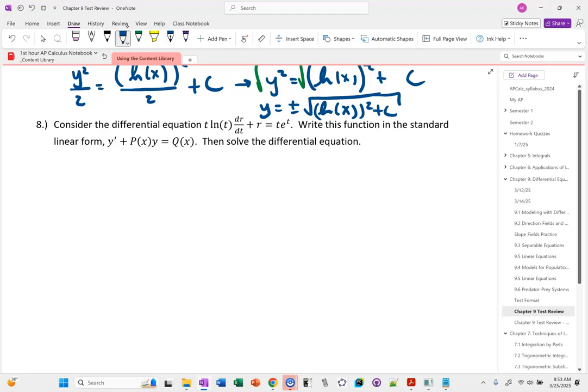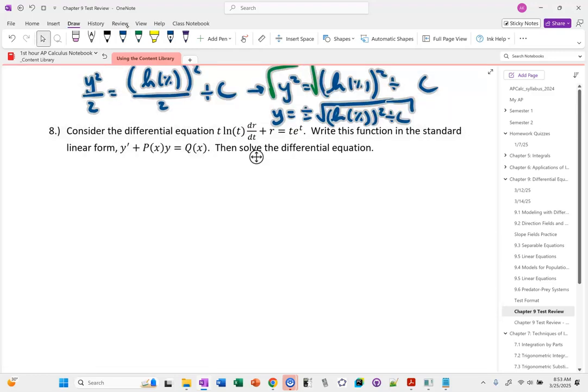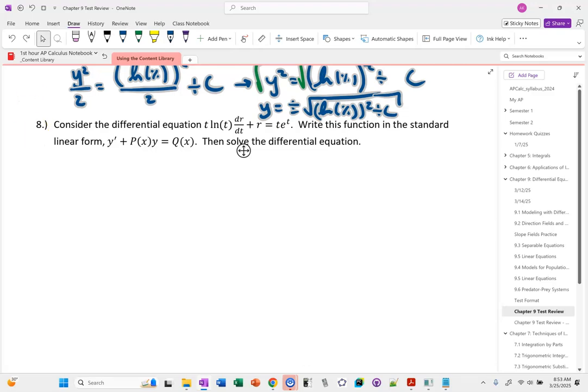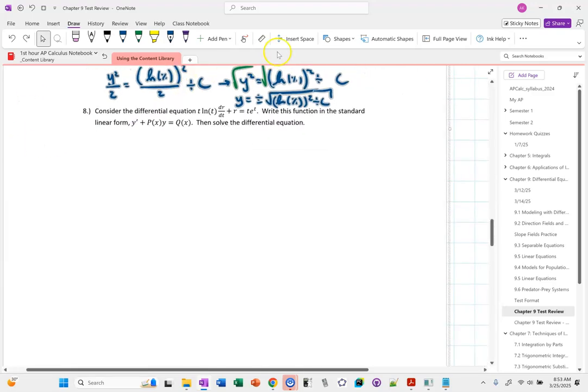All right. So it says consider the differential equation t times the natural log of t dr dt plus r equals t e to the t. Yuck. It says write this function in the standard linear form, P of x times y equals q of x. So the first thing I want to do is get that y prime by itself.